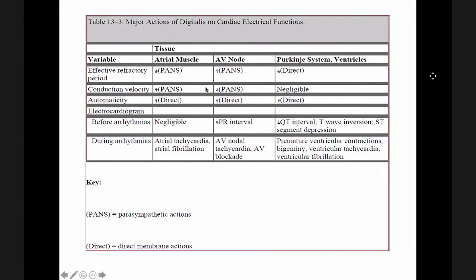Each of the effects will have a corresponding ECG abnormality that will be observed, either in the form of a prolongation of your PR interval, a block in your AV node, tachycardia, prolongation or shortening of your QT, as well as the development of premature ventricular contractions, like bigeminy, which is commonly seen in digitalis toxicity.